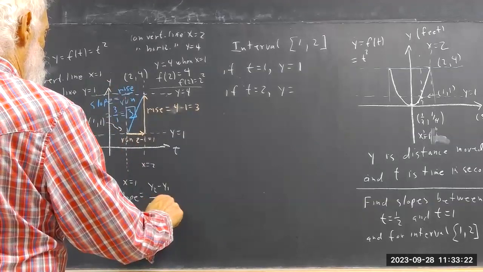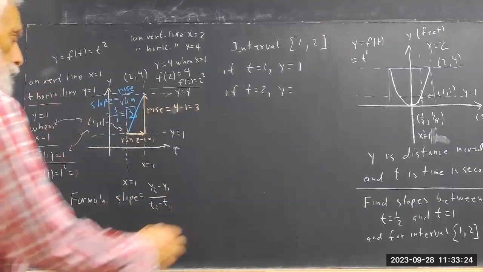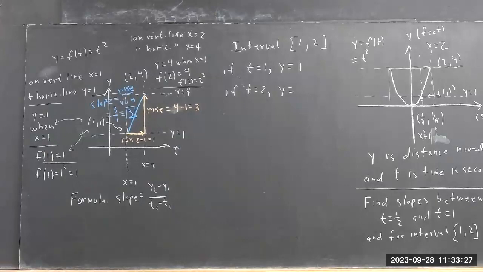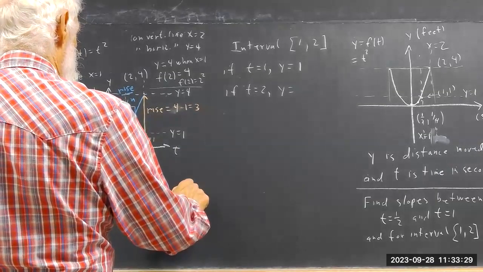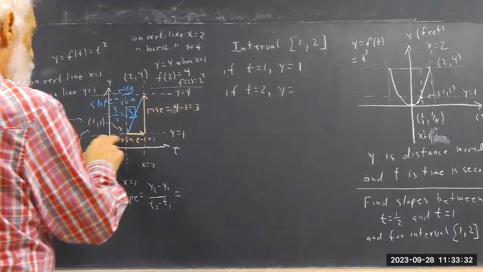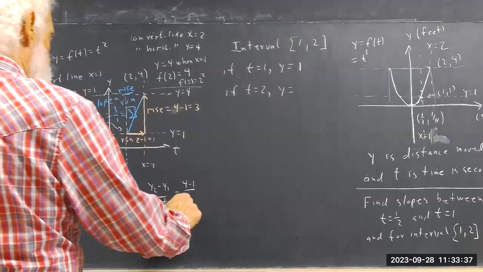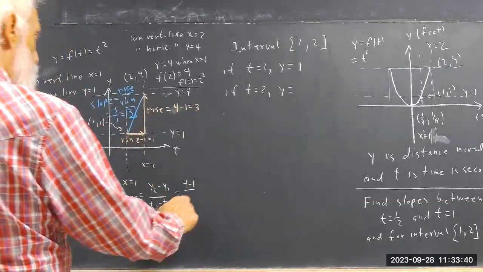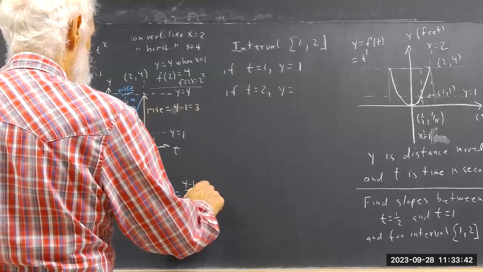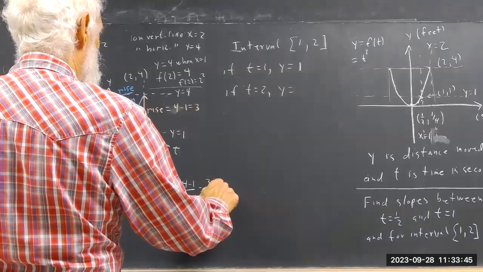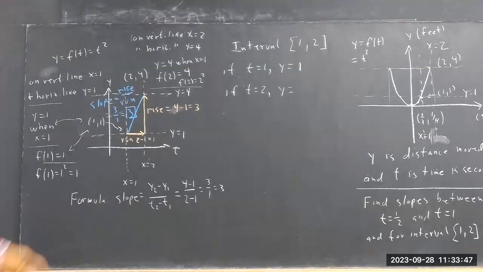So we're going to make it t2 minus t1 instead of x2 minus x1. And y2 is 4, y1 is 1, so it's 4 minus 1 over run, which is t2 minus t1, which is 2 minus 1, which is 3 over 1, which is 3. The formula will get this for you without ever invoking a picture. So if all you want is to calculate the slope, the formula is just fine.